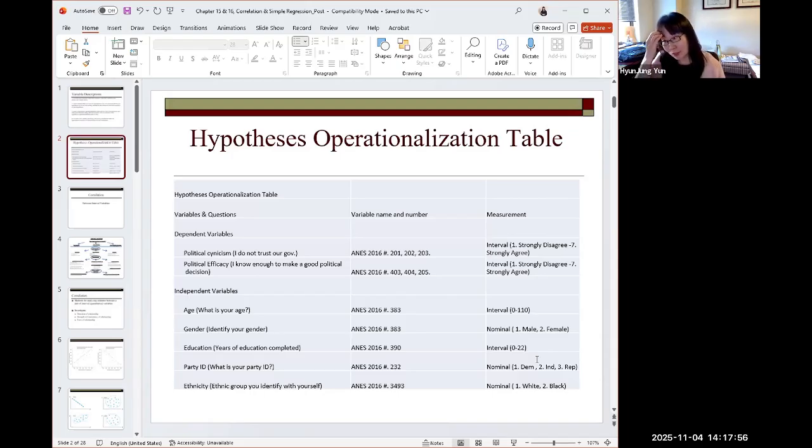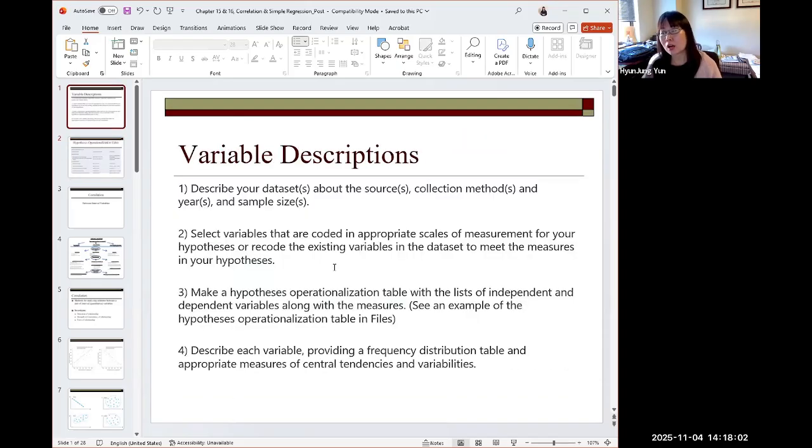So I want you to make the hypothesis operationalization table, and then you come back to each variable. You should run descriptive statistics with the frequency distribution table, which we already practiced, for each of your hypotheses, at least a couple of them.